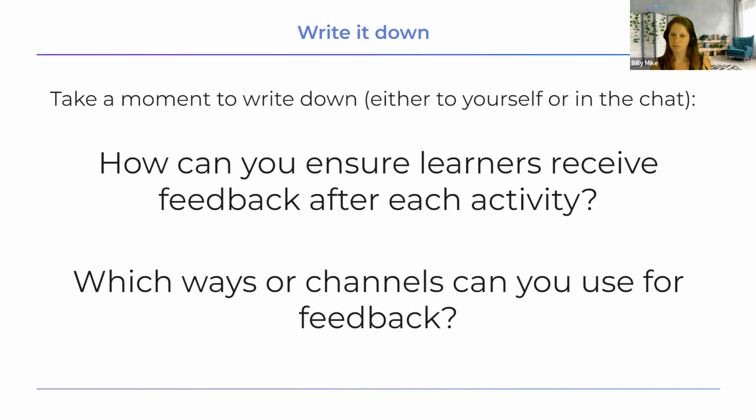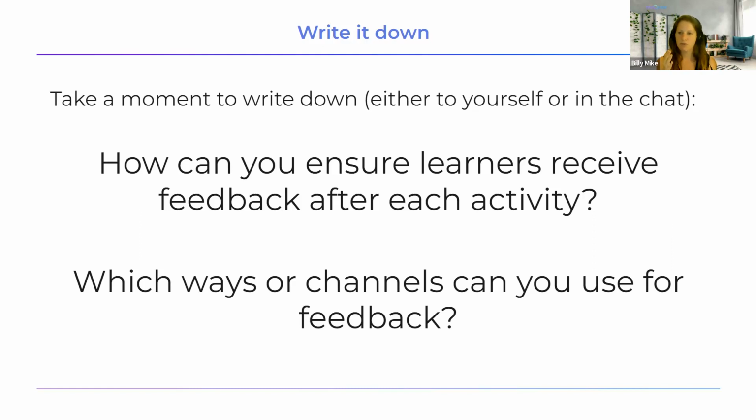And now we want to have another action for everyone, another exercise. Billy, maybe you want to explain about it? Yeah, so now that we explained the different ways to give feedback to people, I want you to think of practical ways that are realistic for you. So not just nice ways to give feedback, but things that could be realistic in your training programs, in your organization, to incorporate feedback into your programs.